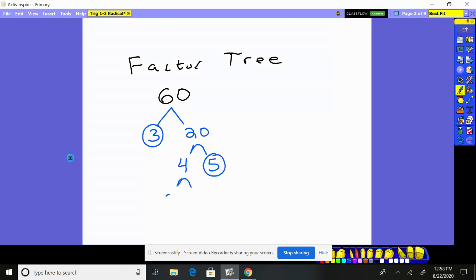And then I'm going to break 4 down to a 2 times 2, which can't go any further because they're prime. That means 60 is a prime number of 2 times a prime number of 2 times a prime number of 3 times a prime number of 5. That's its prime factorization. Again, the factor tree is what we're using to help us break the number down.